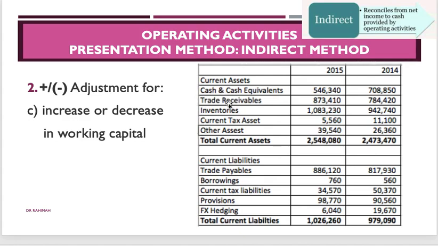So we ignore this. The movement will only be for trade receivable, inventory. This is just an example, current tax asset. For tax, we do not take it into account here, because tax we take into account to find tax expenses. That we will open in another account. For current liability in working capital changes, we will take trade payable, borrowing, provision. These are just examples.